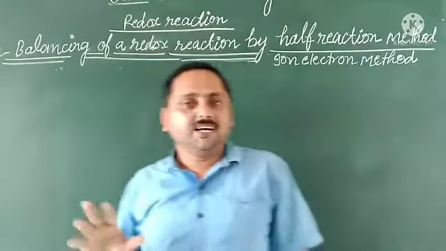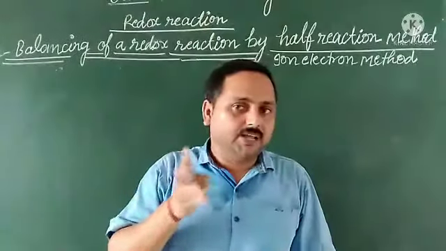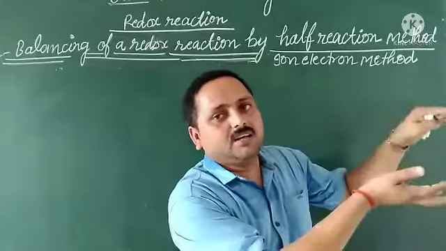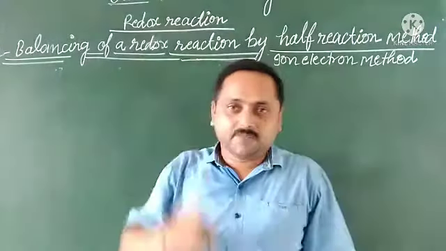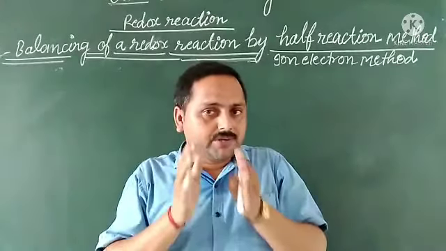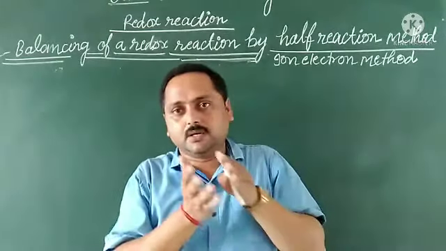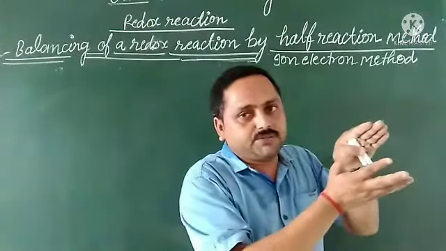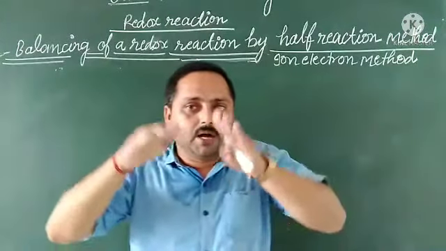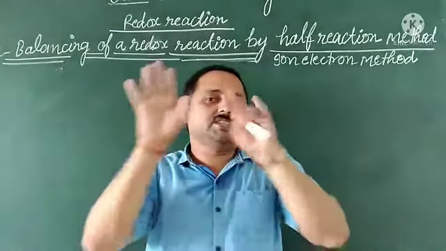So don't think that half reaction means I have to balance only half. Means half of the reaction we will balance, then we will add, then we will get the balanced equation. Half reaction method means first we will complete one part: the oxidation portion will be balanced and then the reduction portion will be balanced, and then both will be added, then we will get a balanced reaction.